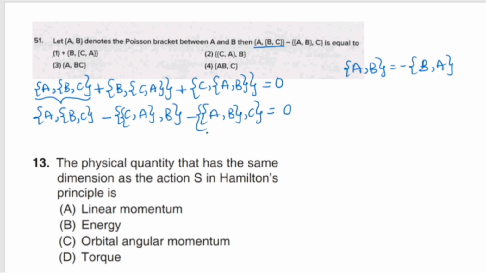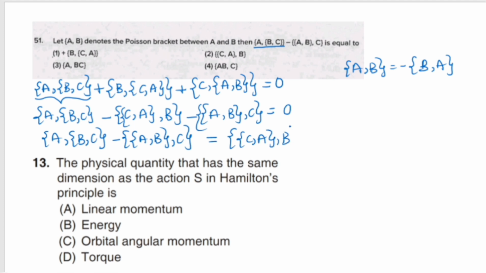Can I shift this Poisson bracket of c comma a comma b to my right hand side? Then what we have? Poisson bracket of a comma b comma c, it will be minus of Poisson bracket of a comma b comma c, which is equal to Poisson bracket of c comma a comma b.